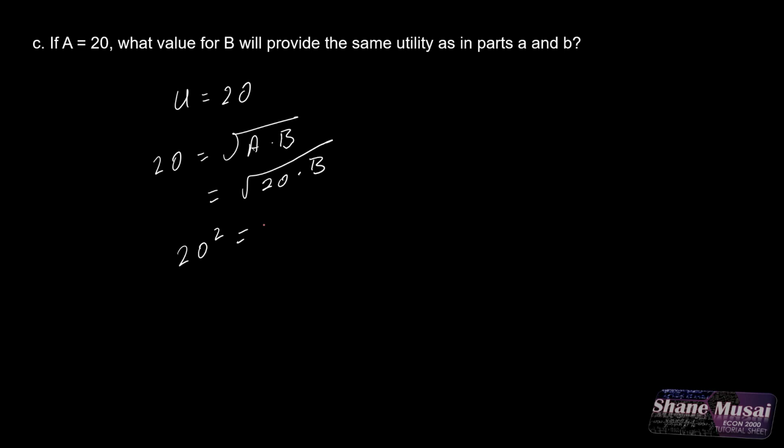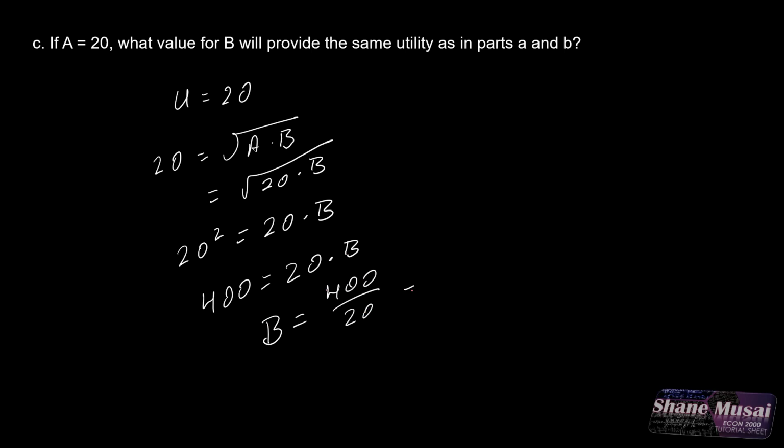So 20 squared is equal to 20 times B. Therefore, 400 is equal to 20 times the number of bananas. In conclusion, the number of bananas should be 400 divided by 20, which is only 20 bananas. This answers part C of the question.